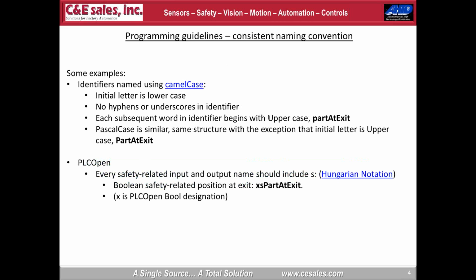Just one thing I'll speak of in a little more detail is the naming conventions you use for your objects in your program. Some of the examples I show here are actually taken from existing computer programming languages. The camel case, you can Google that and you'll find all the specifications for it, but generally it starts just like I show here, and you don't use hyphens or underscores.